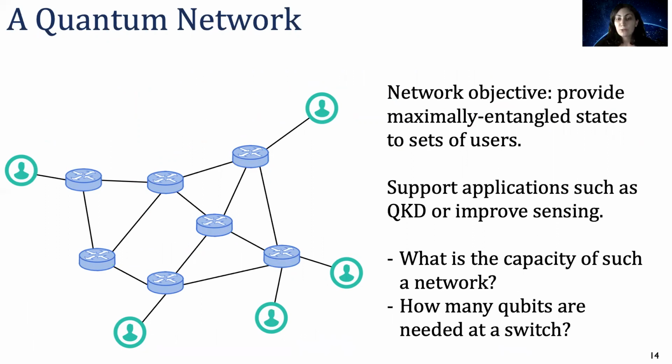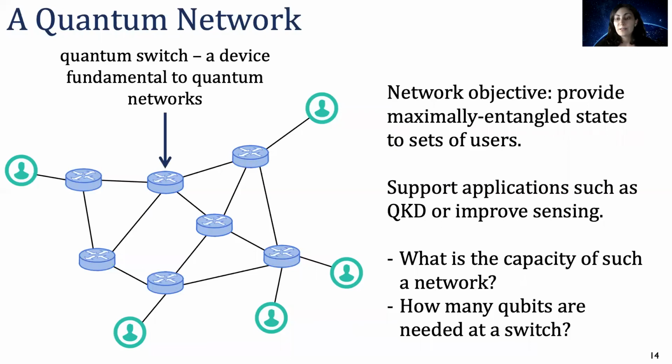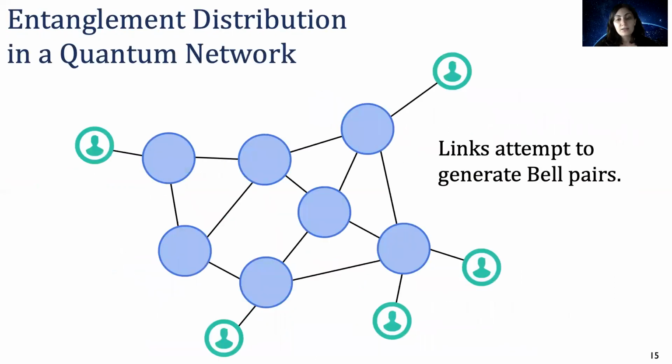Hence, from now on, we use the term quantum switch instead of repeater. Some questions that are natural to ask about a quantum network are, what's the capacity of such a network, and how many qubits will be needed at a quantum switch? The goal of our work is to make an initial effort in answering both of these questions for a simple quantum network.